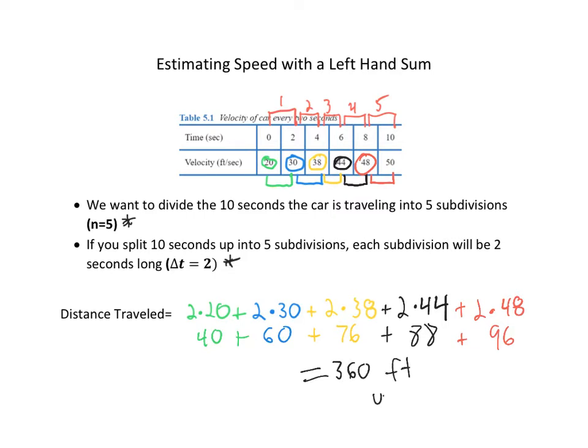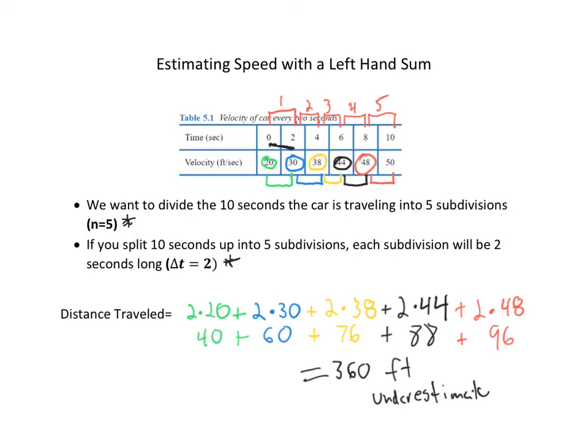We call this, in this case, an underestimate. I know it's below the actual value because I'm using these numbers from 0 to 2 seconds during this time span right here. The car is traveling something actually between 20 and 30 feet per second. It's just speeding up. So using the number of 20, that would be on the low end.